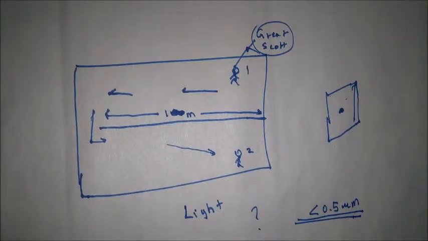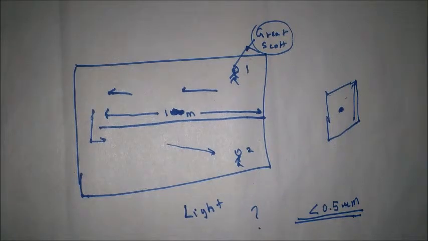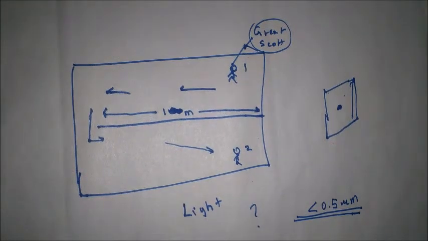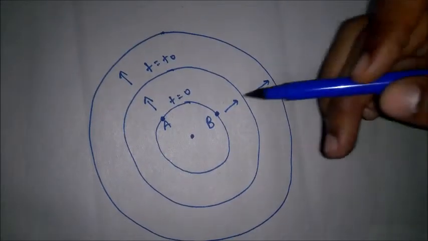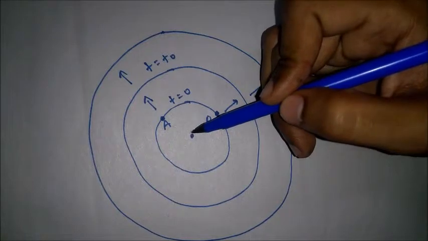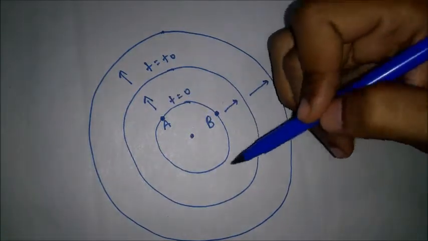Now that we are done with some trinkets and details about waves and the wave nature of light, let's move towards some terminologies which will help us understand Huygens principle. Let us consider the case of the pebble and the lake. When we drop a pebble in the middle, it will create ripples.